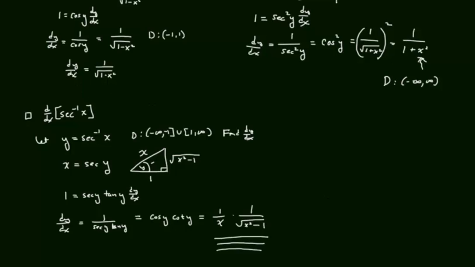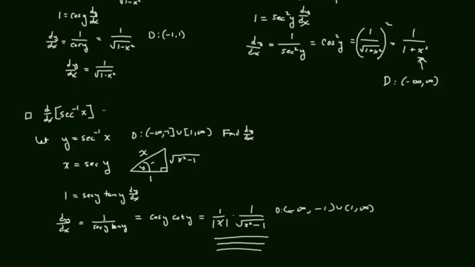Let's write the domain here. The domain of this is negative infinity to -1 union 1 to infinity. So what do we need to do to allow, let's say, if I plugged a -2 in, that the result would be positive? If you're saying make this absolute value, then you are correct.